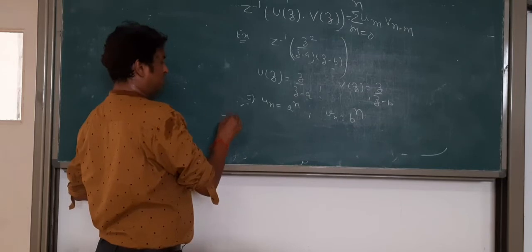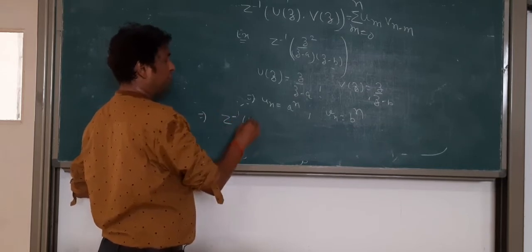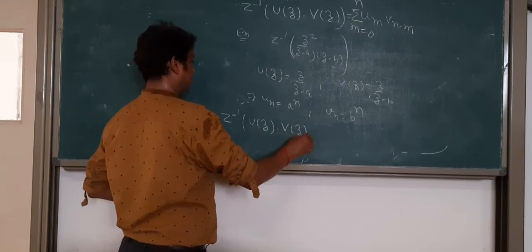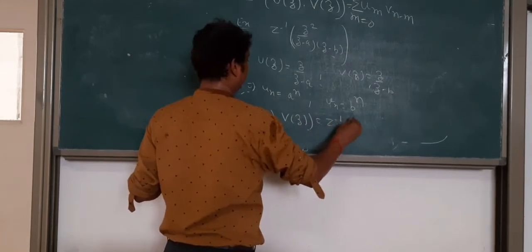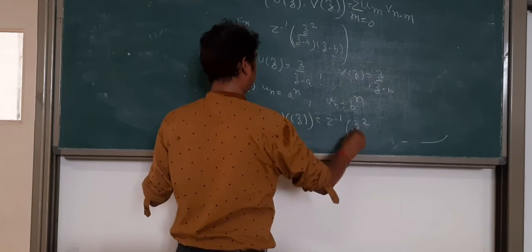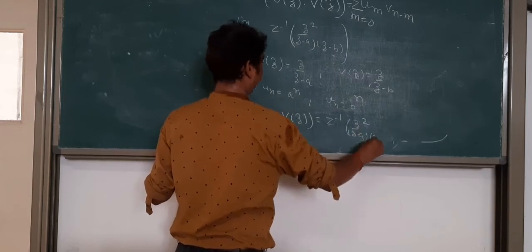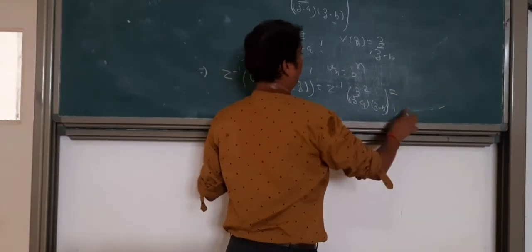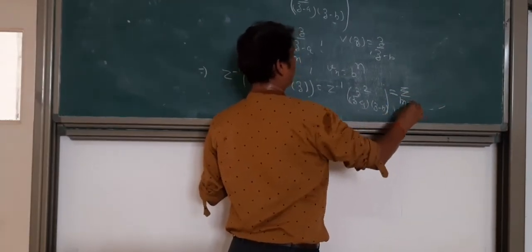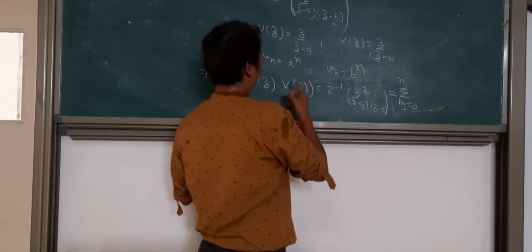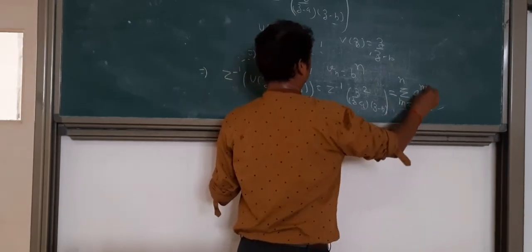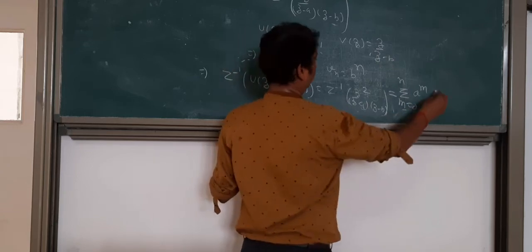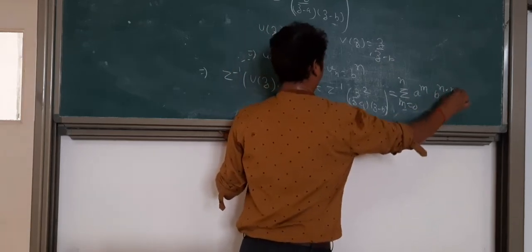Now what is Z inverse of U(z) into V(z)? Its value is the summation of u(m) v(n minus m), m varying from 0 to n. Means a to the power m, b to the power n minus m.